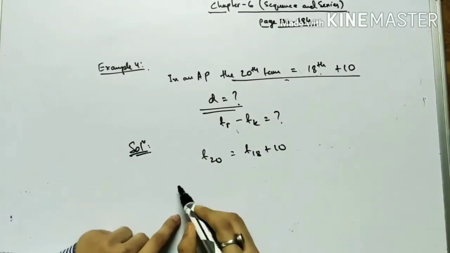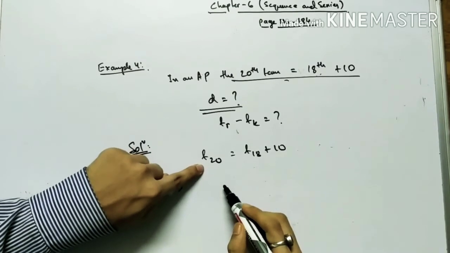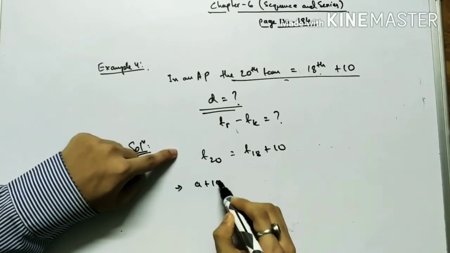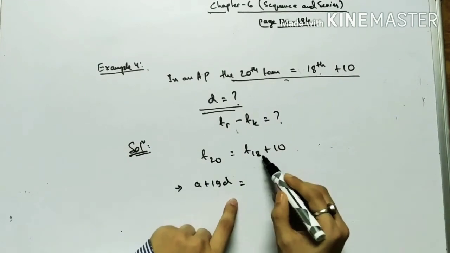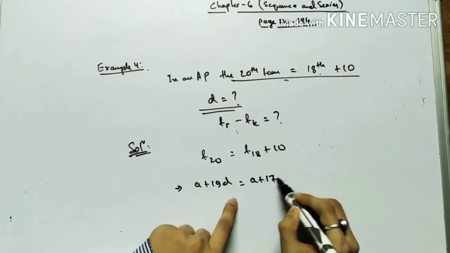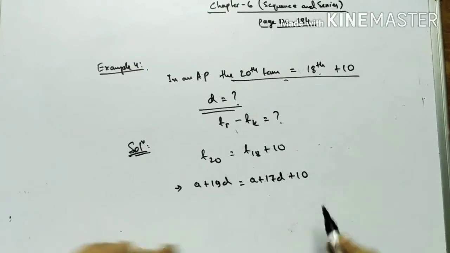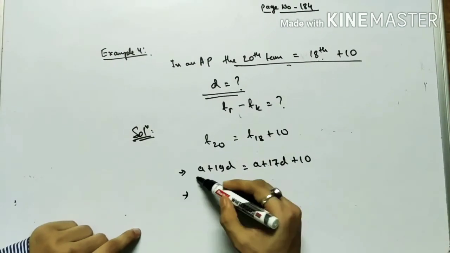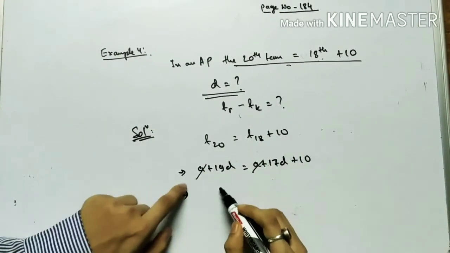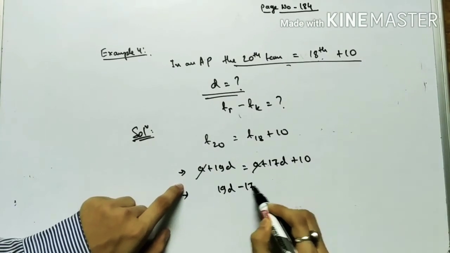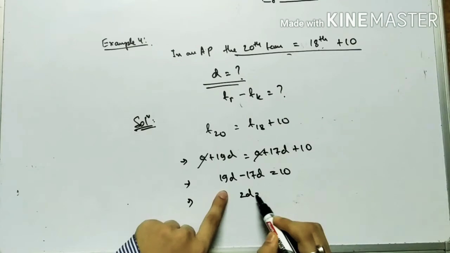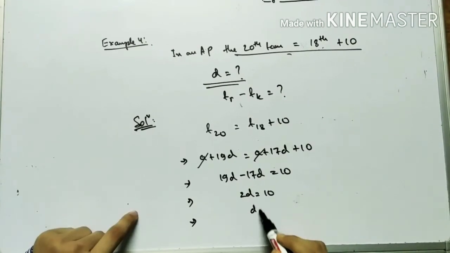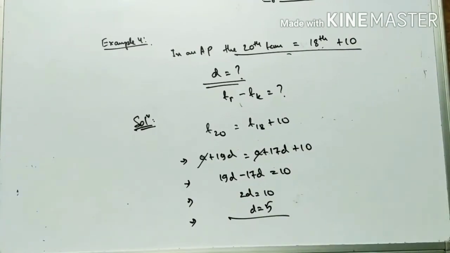In place of T20 I can write A plus 19D, and in place of T18, A plus 17D, plus 10. Now A cancels, 19D minus 17D is equal to 10, so 2D is equal to 10. So D is equal to 5. Yes, the common difference I got is 5.